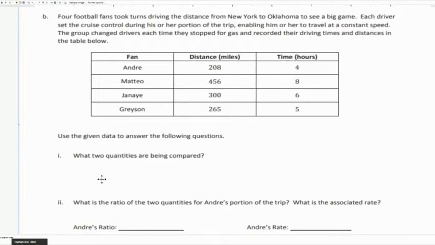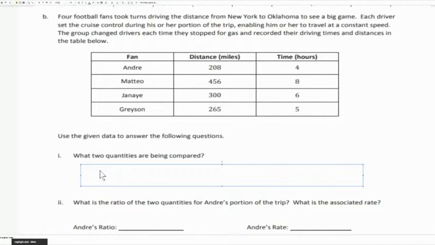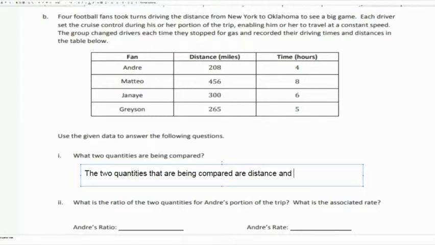All right, so let's put that in. The 2 quantities that are being compared are distance and time.